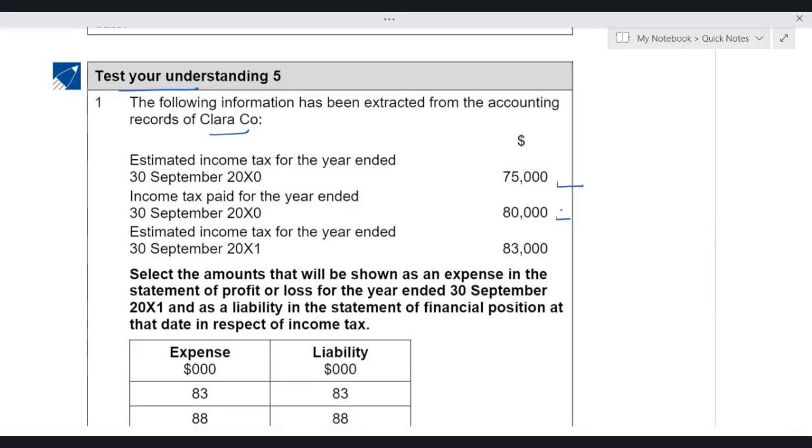Under provision increases your current year income tax expense without having any impact on your current year tax liability. In case of over provision, your current year income tax expense will reduce without having any impact on the current year income tax liability.